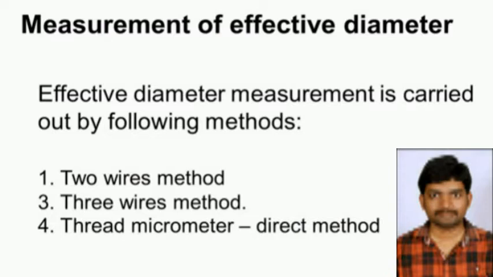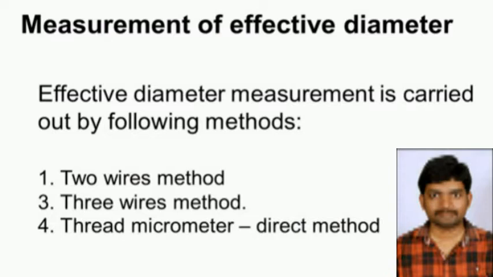The thread micrometer method is a direct method which involves no calculation, that means it directly measures the effective diameter, whereas the first two methods do not give the effective diameter directly, so we have to calculate it.